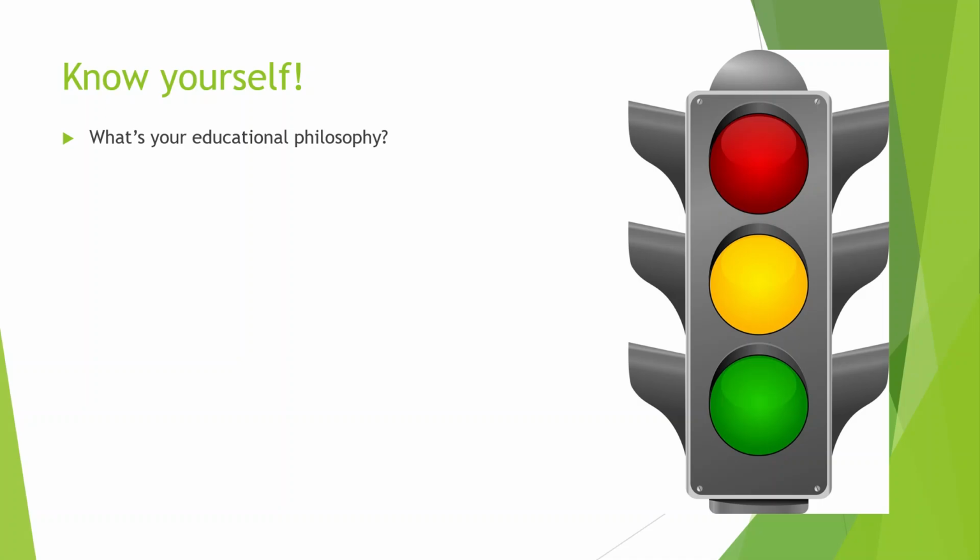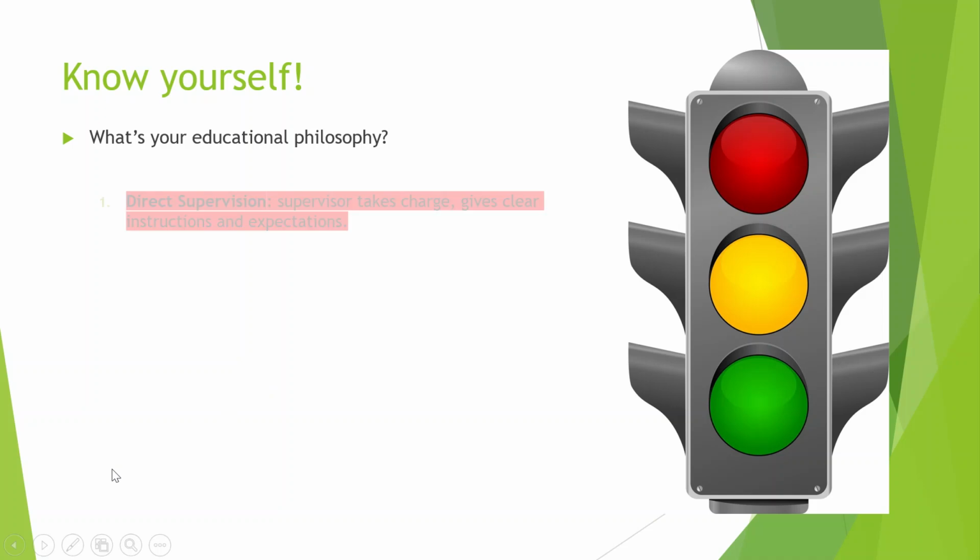And what I've done here is I've chosen to use a stoplight as a good metaphor because as you notice, we have colors. We have red, which means stop, yellow, which means slow down, and then we have, of course, green, which is go. And so I kind of equate each of those colors to the way we as supervisors can either, and I almost hate to use the word restrict, but at times we have to kind of restrict our teachers in order to help them find a better way. And so that would be red.